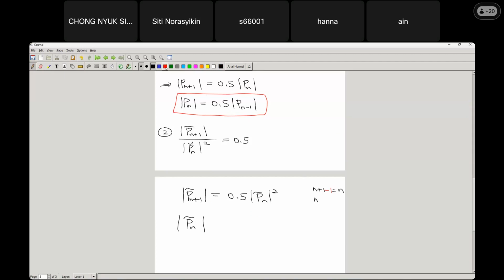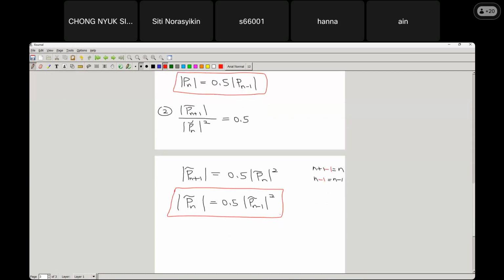We have to do this for both sides, so this is always equal to n-1. This is how we get Pn tilde equal to 0.5 times Pn-1 tilde squared. I put this in a box so that you can differentiate what we have derived.